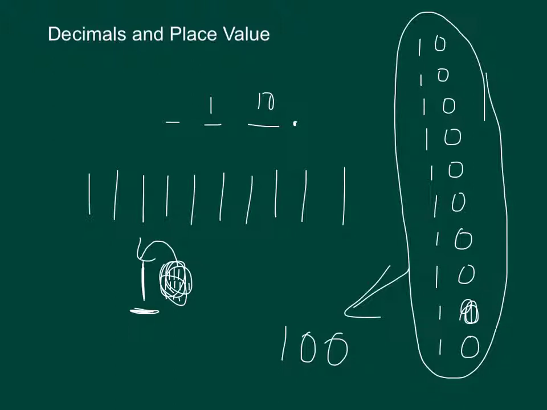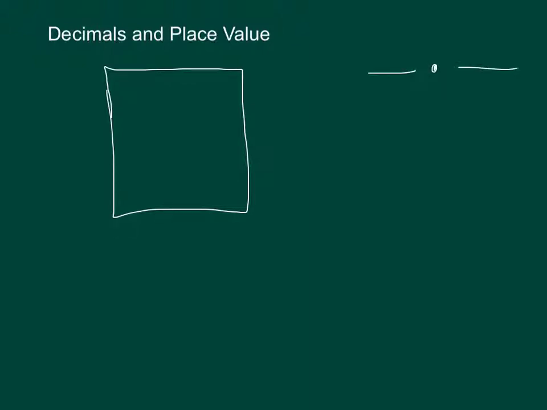Now when we're talking about decimals, it's a similar idea. So let's look at the different decimals. If you have a whole, let's say this box represents a whole, then that would be like having a 1 in the ones place.